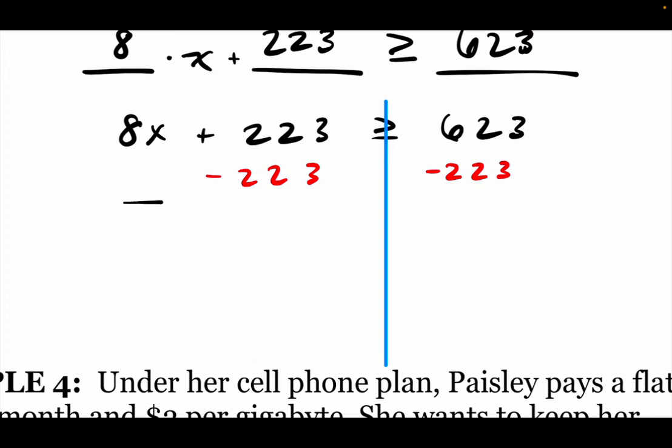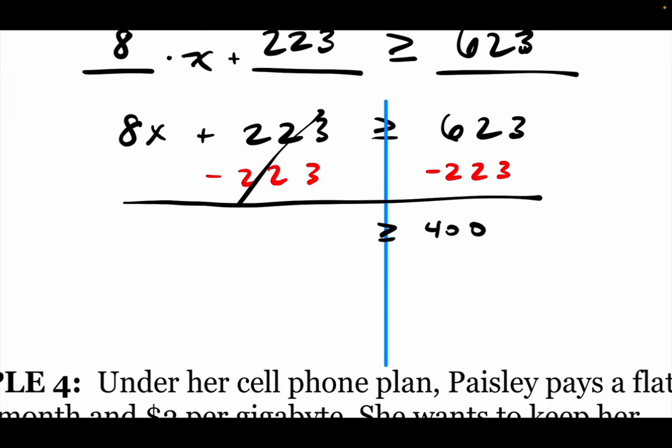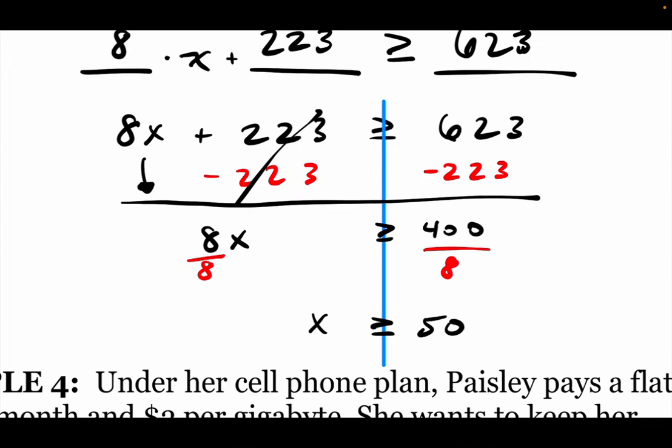Just because there's a different symbol doesn't mean we changed what we do. So we get 400 on this side. Bring 8x down. 8x means multiplication. The opposite of multiplication, division. X is greater than or equal to, I think 8 goes into 40 5 times, so with 400, it's 50.